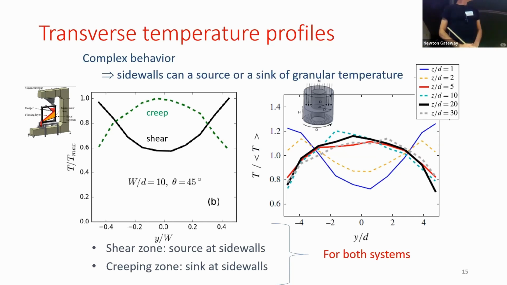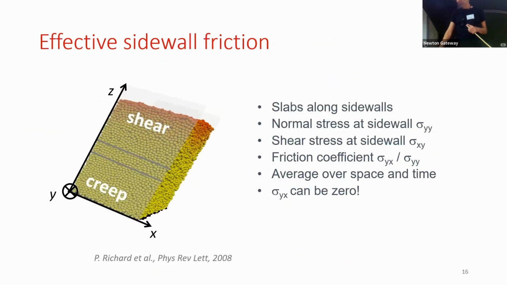One of the advantages of simulations is that we can measure what we want. And especially we can measure forces between grains, which is not obvious with experiments. So what we have done is that we have measured the effective sidewall friction.